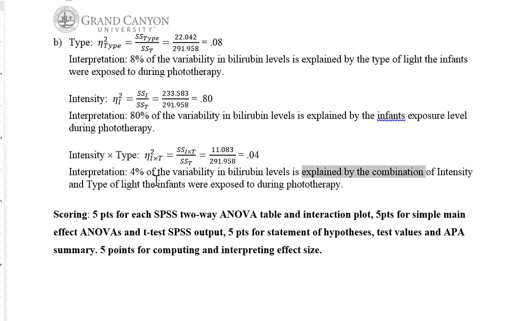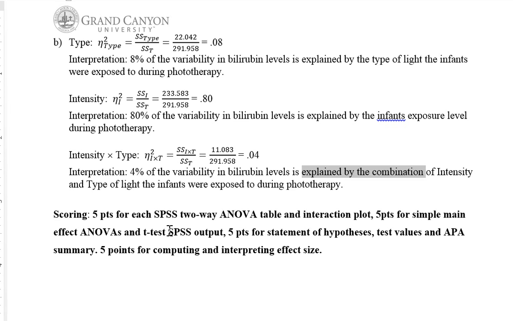And then here's how I'll grade for this problem. I'll do 5 points for the SPSS two-way ANOVA and interaction plot. Those are the only things you're going to bring over out of that first test. You got a lot of tables there. Just bring over the two-way ANOVA table and the interaction plot. 5 points for the simple main effect ANOVAs and the t-test SPSS output.